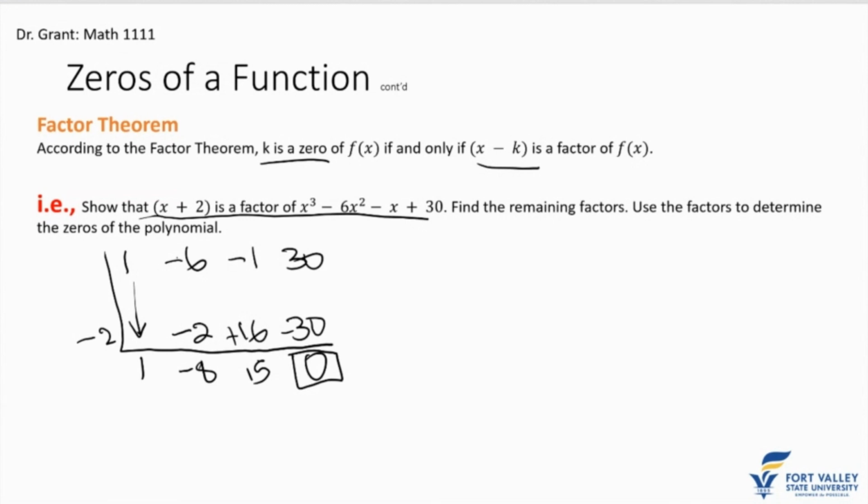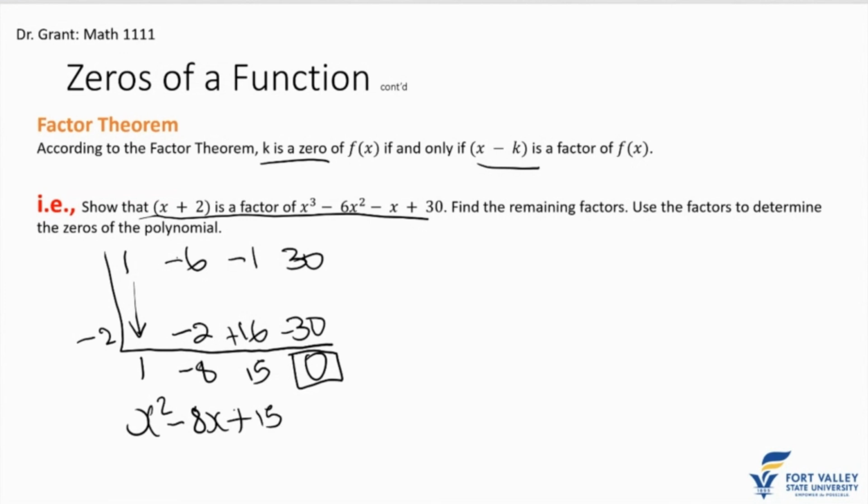Next, what we're going to do is write our answer. Recall, when we write the answer, we go 1 degree less. So this will become x squared minus 8x plus 15.